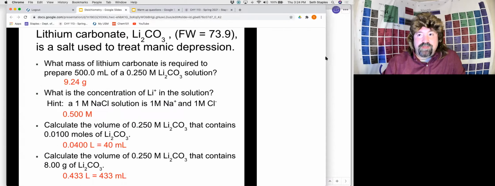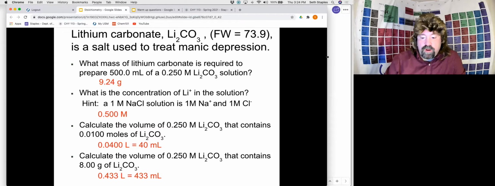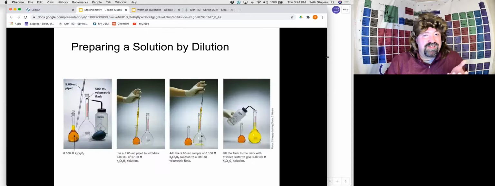Quite often, in the stock room or storerooms, we store our compounds in solid form, but sometimes things are stored in a liquid form. Or we have a solution that's already made, but we want one that's not quite as concentrated.